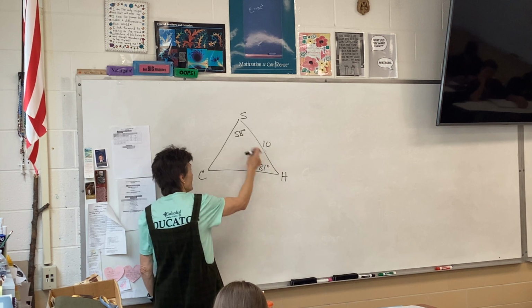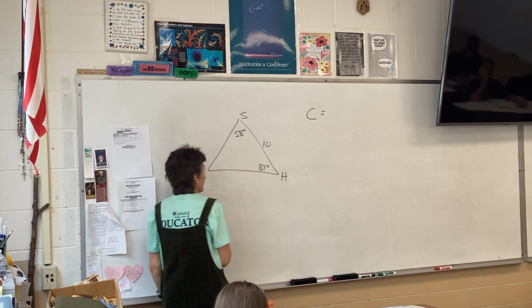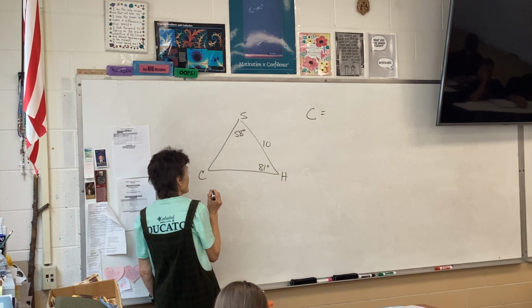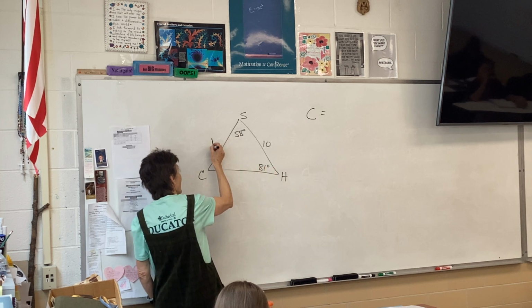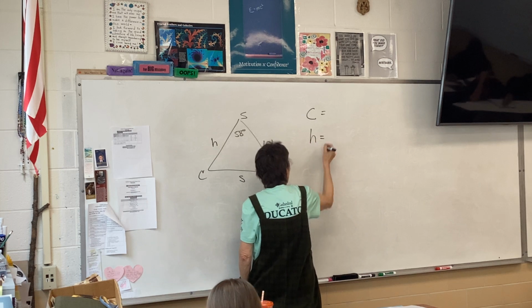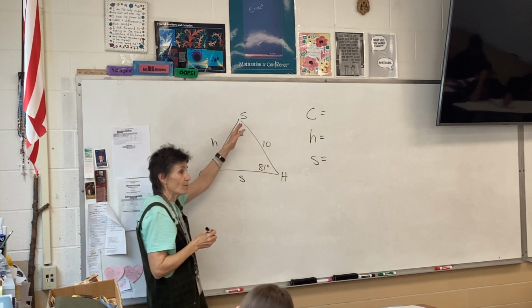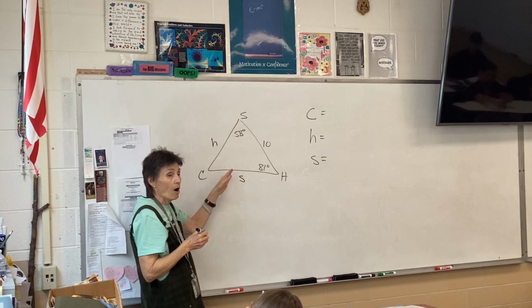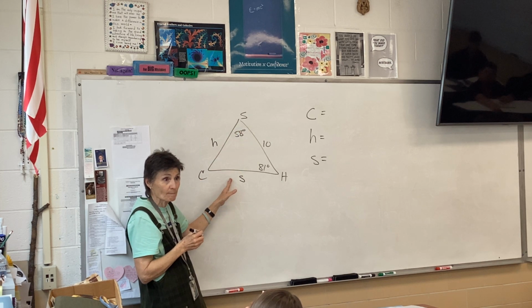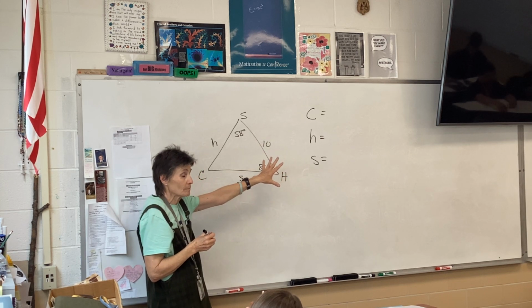It has 3 angles. I am missing angle C. And it has 3 sides. I am missing side H, and I am missing side S. You know that the sides are labeled across from their angles. Okay, so those are the missing pieces.